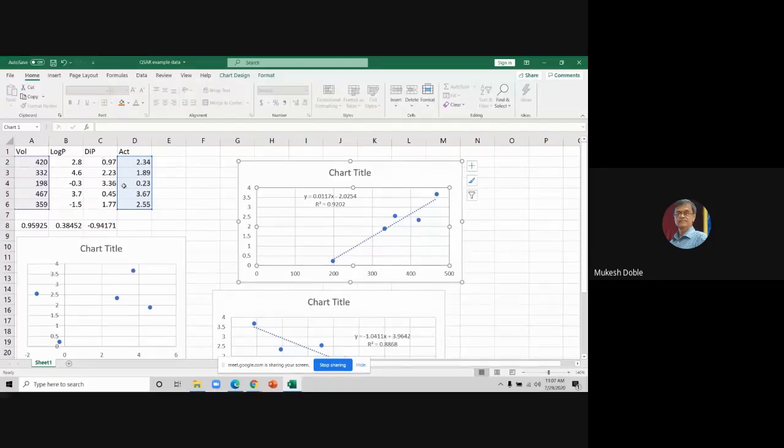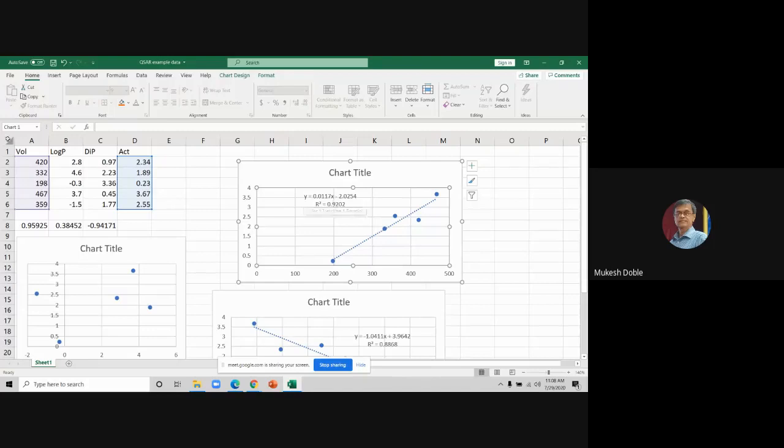So here my QSAR is Y equal to 0.0117 X minus 2 point something, where X is my volume. So that's how we can shortlist descriptors. If I have many descriptors, I can do a correlation analysis of all the descriptors with my activity, and then I can say, okay, this descriptor looks the best, so I will use that descriptor in my model.